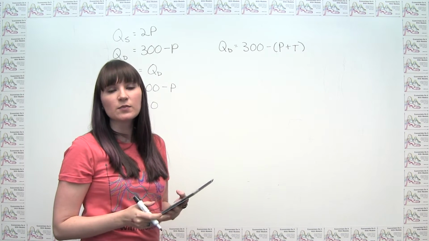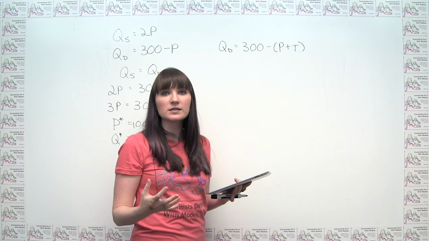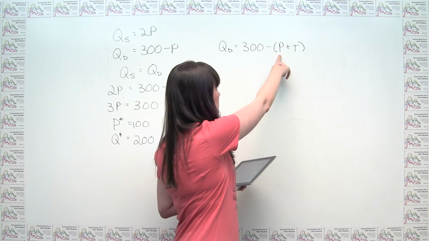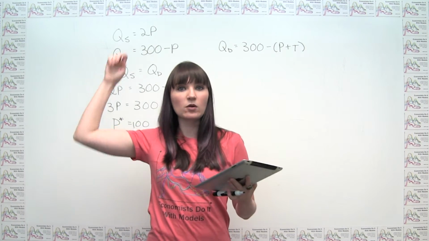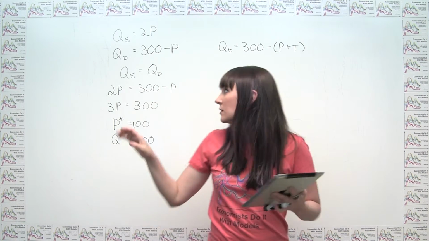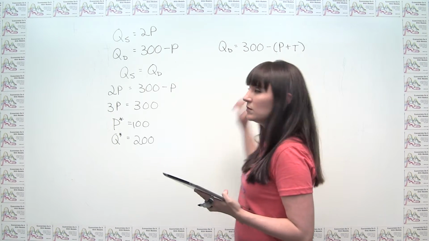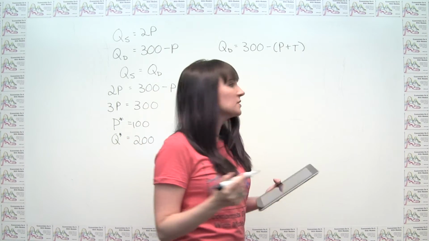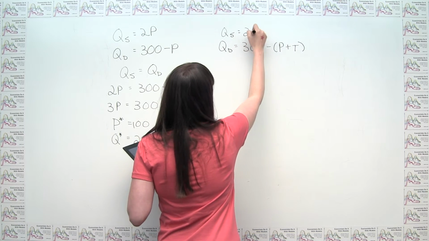This simply represents the fact that once this tax is put in place, consumers not only have to think about the price that goes to the producer, which is what we call P, and used to be the same as what they were paying, but they also have to pay the tax. So this P was just replaced by P plus T. This is the new demand curve. The supply curve is still the same, so we still have Q sub S equals 2P.